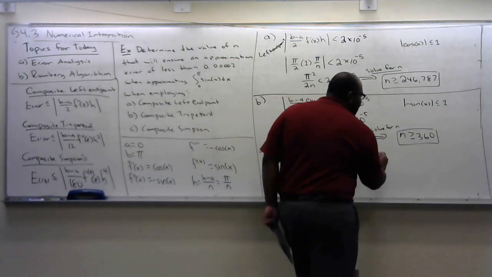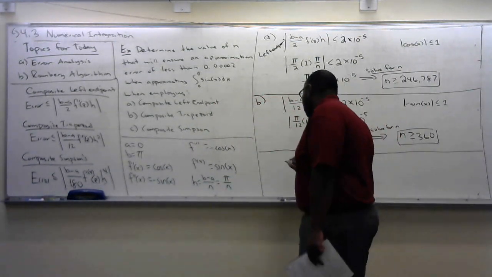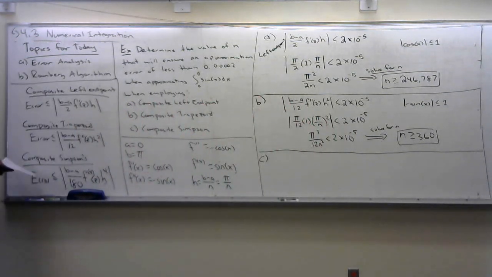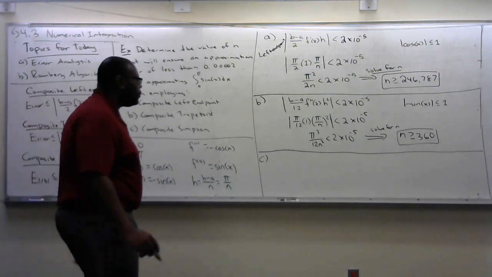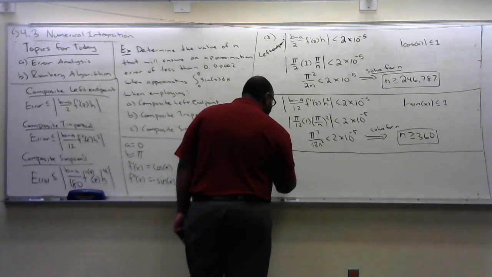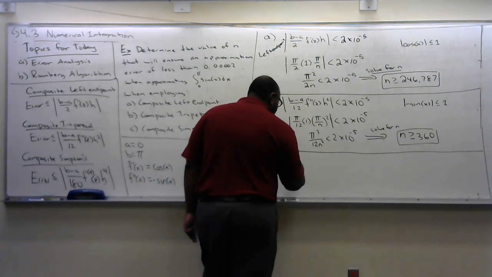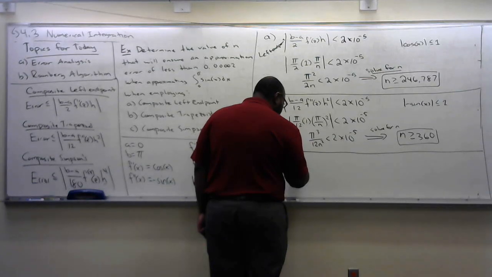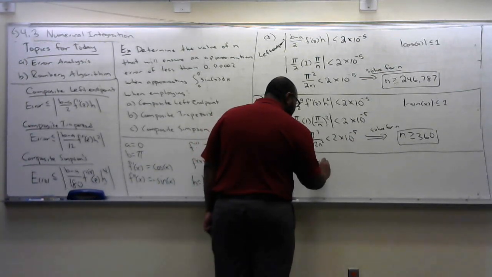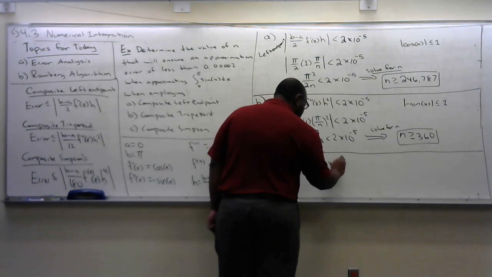And last but not least is C. Composite Simpson rule. Here's my error for composite Simpson rule: (b minus a) over 180 times the fourth derivative evaluated at z times h to the fourth, which should be less than 2 times 10 to the negative 5.